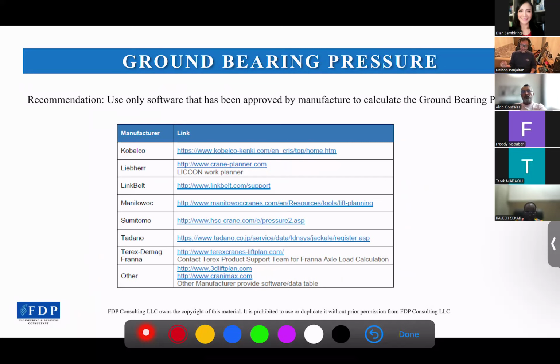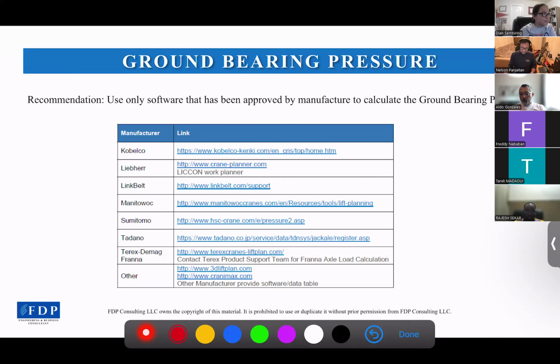But if not, maybe you can calculate by yourself. What I want to share here about ground bearing pressure is the basics of how these things work, so that when you get into the software, it will be easier for you to understand and hopefully avoid input errors.